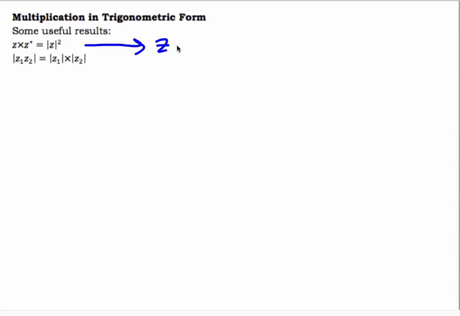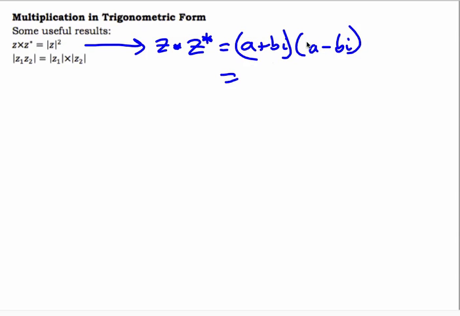So if you have z times z star, the conjugate, let me just write this as multiplication like that. This equals a plus bi times a minus bi. And we saw before, multiplying the conjugate, you get things to cancel, and it's just a squared plus, well, you're going to have minus b squared i squared, but i squared is negative 1, so it's going to become plus b squared.